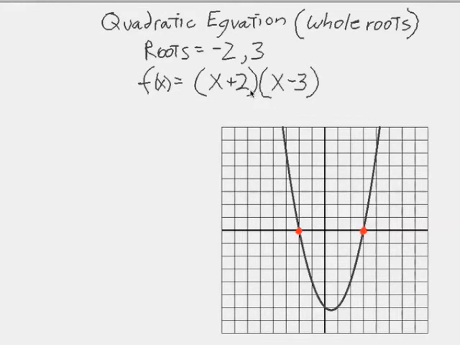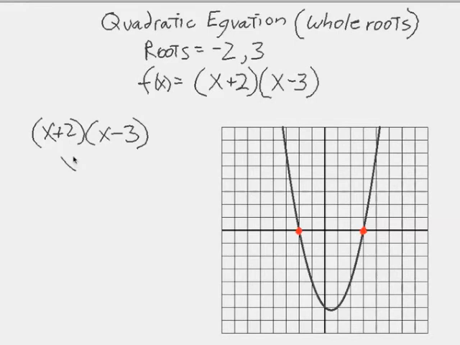Now the next thing is to actually multiply these out and get our quadratic equation. Now, the easiest way to do that, I feel, is to first take my factors and we're just going to use the distributive property twice. First, I'm going to forget about this +2 here, and I'm just going to multiply by x.